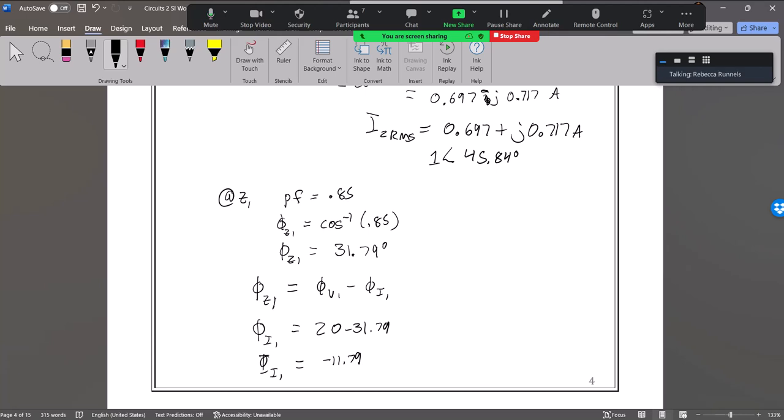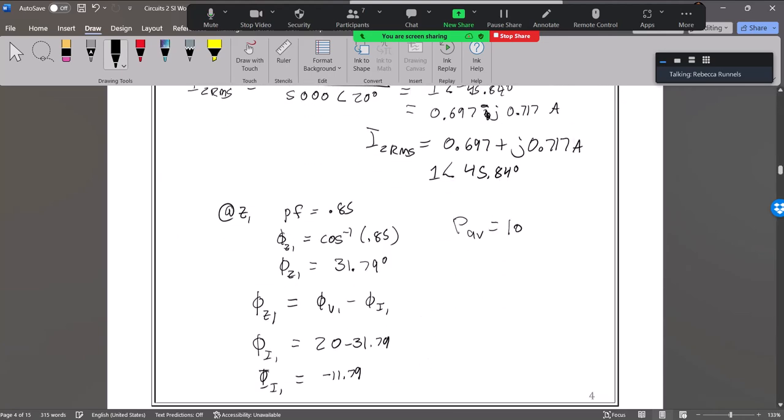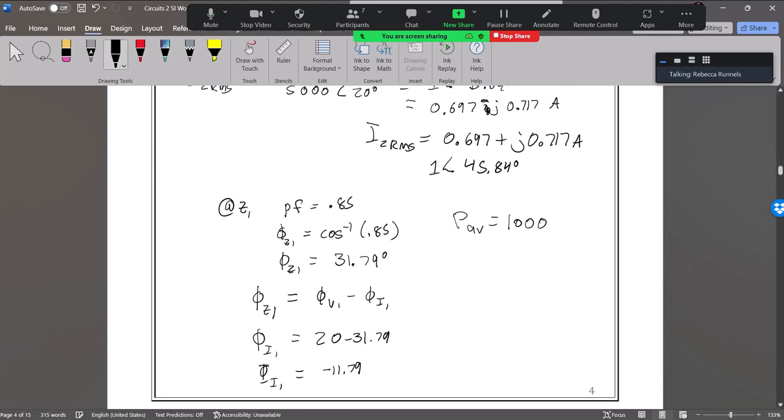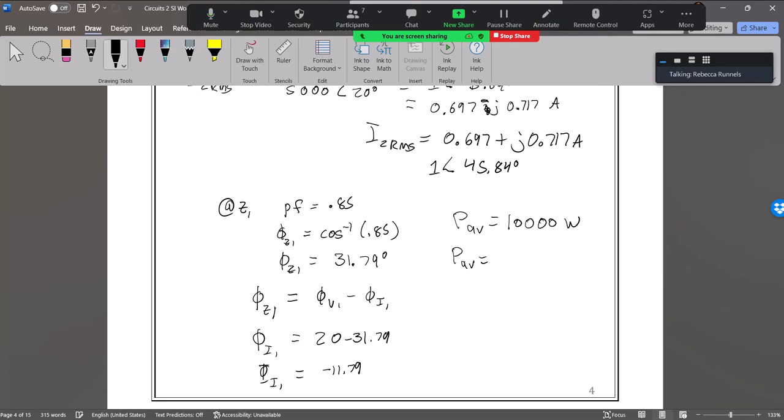I can also get the magnitude of the current at Z1 by using the average power, because I've got the average power. The average power is 10 kilowatts, and that's from the given. So the average power is 10,000 watts, and I know that the average power equals VRMS times IRMS times the power factor.